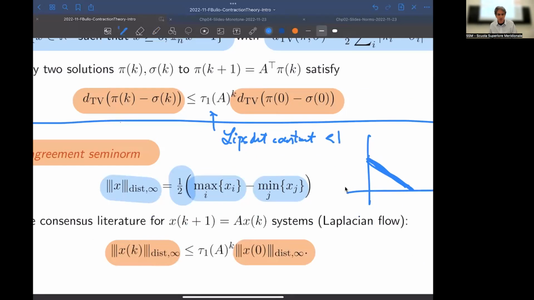I am confused. Why would it be true that you get tau 1 to appear in both cases? And why do you have these two completely different objects? One is the total variation, and the other is this max minus min semi-norm. What is the full story?